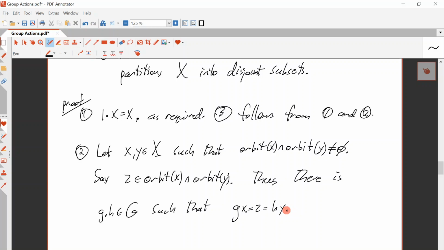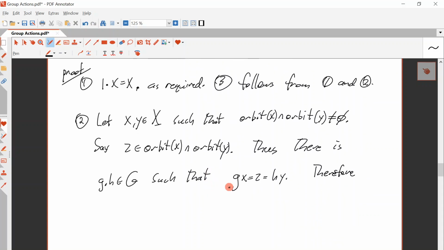Right? Therefore, gx is hy, so h inverse gx equals h inverse hy.